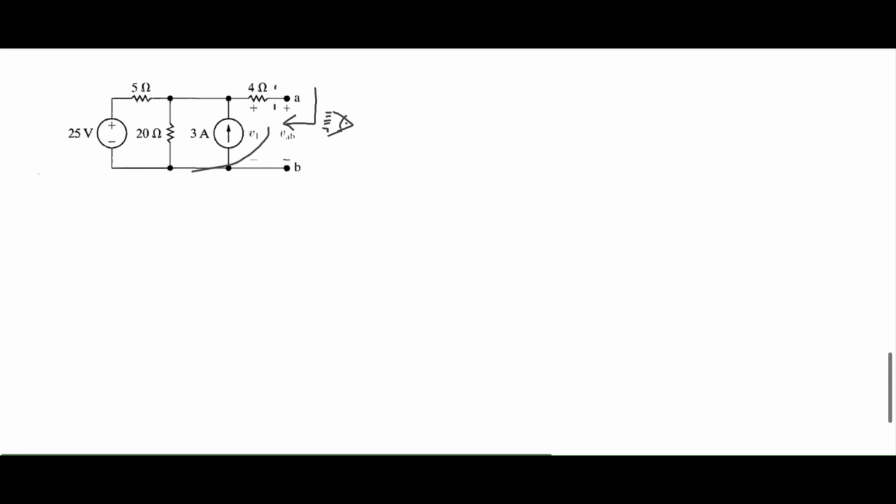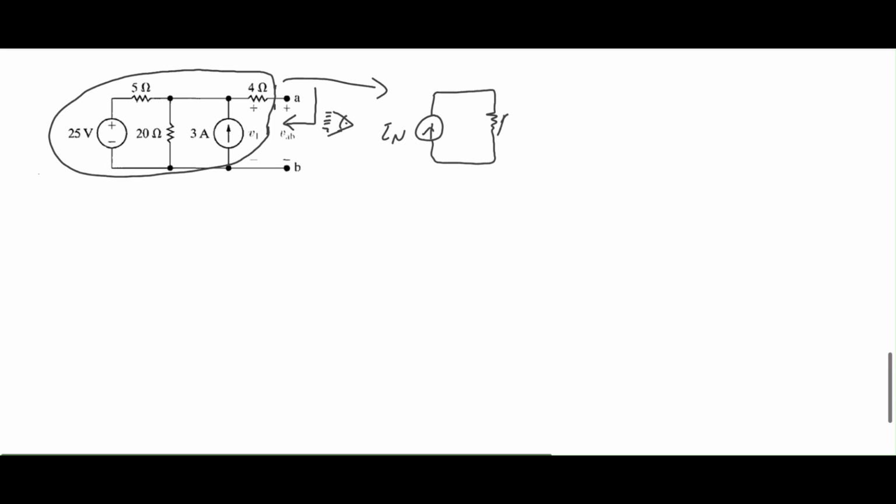If I see my circuit from this port AB, again I'm going to put an I here, and this time I'm going to just get rid of everything to the left of port AB and replace it with a current source, which I'm going to call Norton current, in parallel with a resistor, which I'm going to call Norton resistor. And this point is the same point as AB.